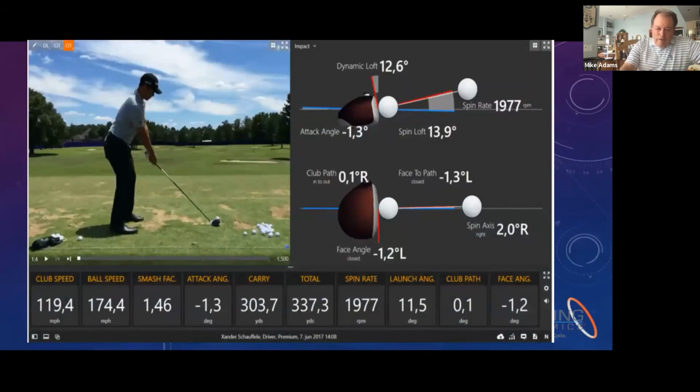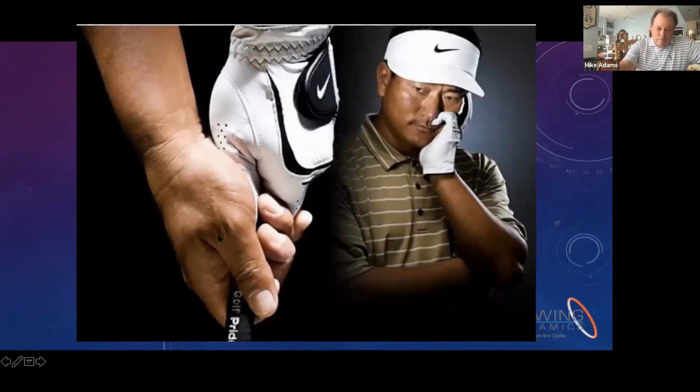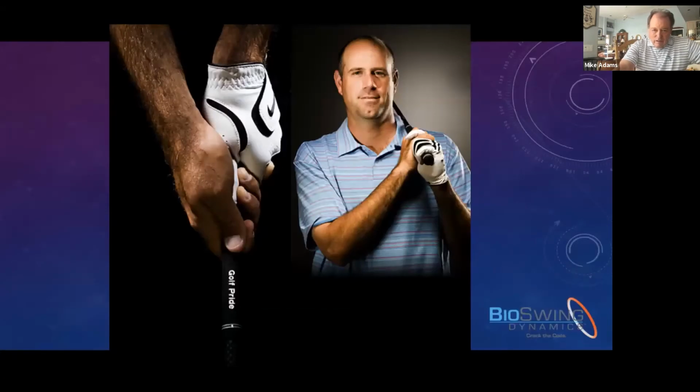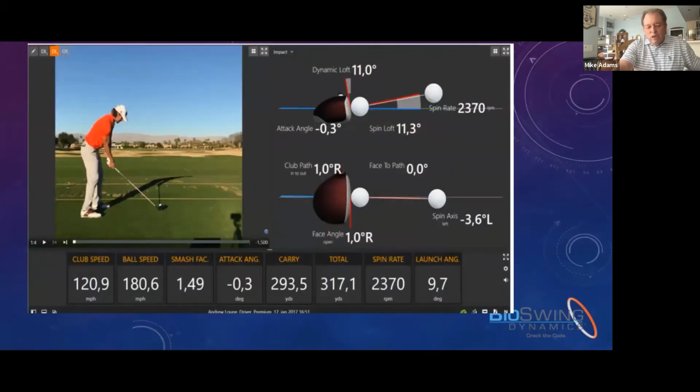Here's Xander Schauffele. Low spin. Here he's hitting a fade because his stance is a little bit on the open side. KJ Choi, side under grip. Justin Thomas, low spin. Side under grip. Stuart Sink was an under golfer, as was Luke, as was Andrew Loop.